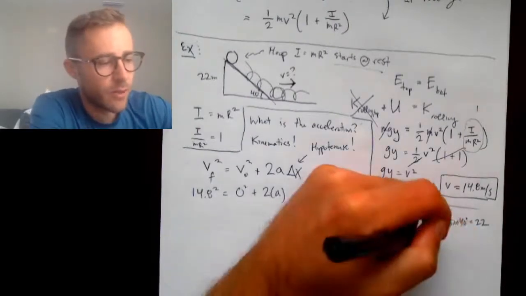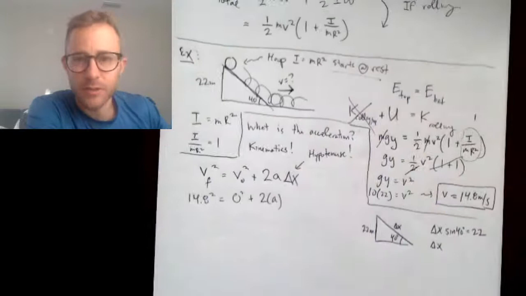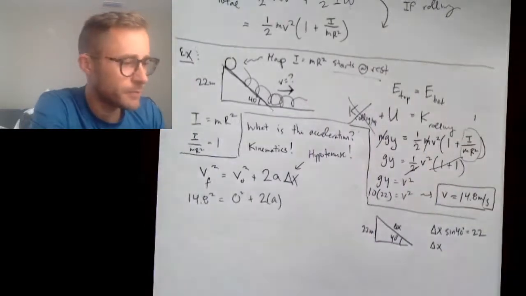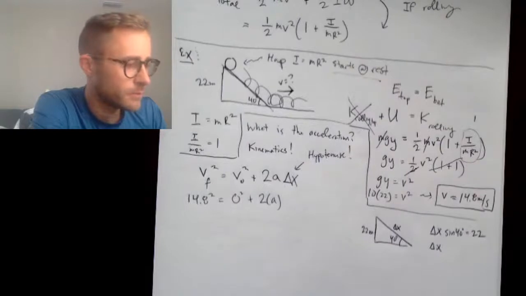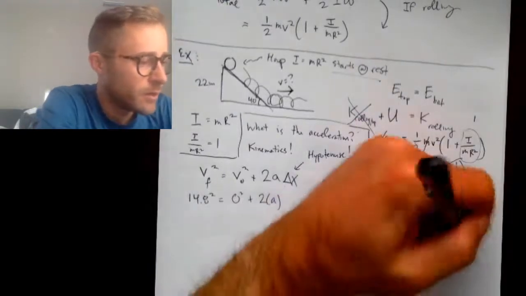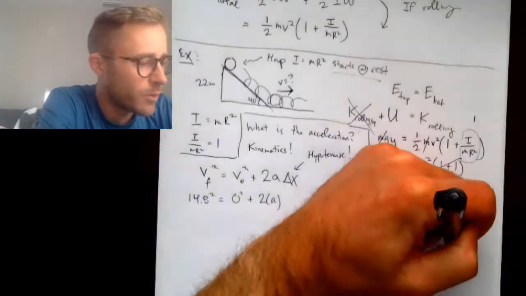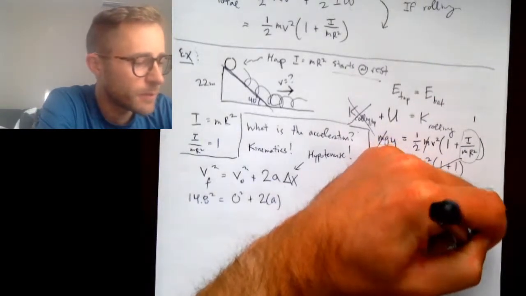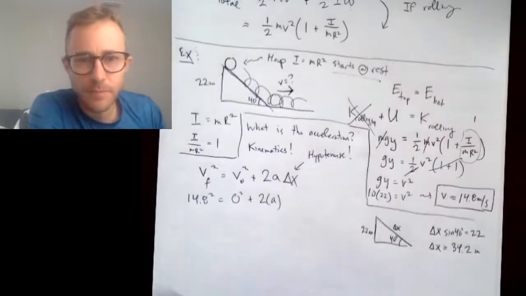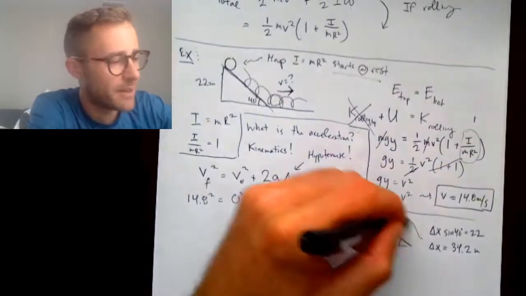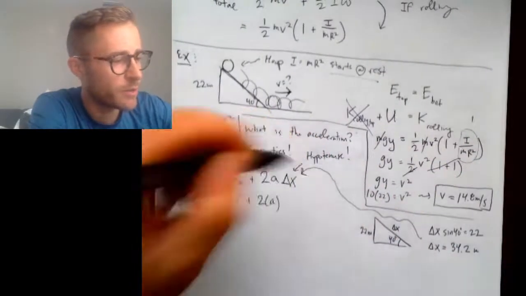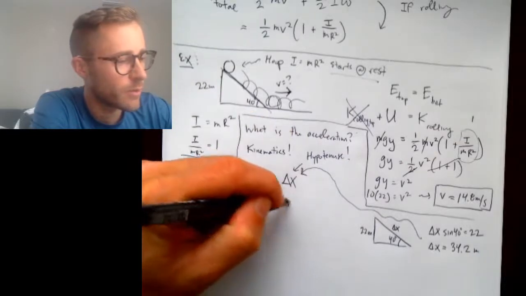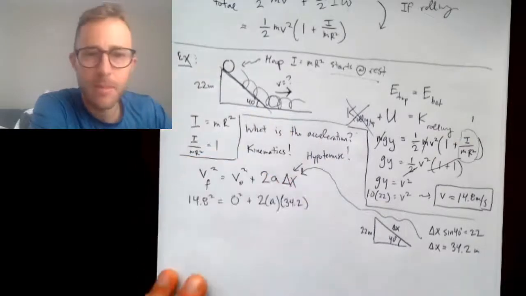So then I can solve for delta x by dividing by sine of 40. And that's going to give me 34.2 meters. Okay, so that is what I'm going to plug in for delta x. So this is 34.2.